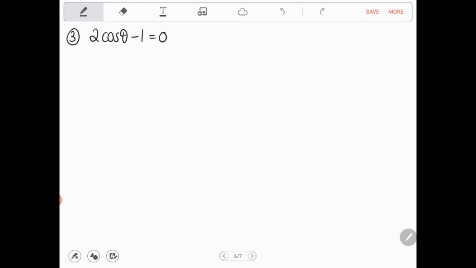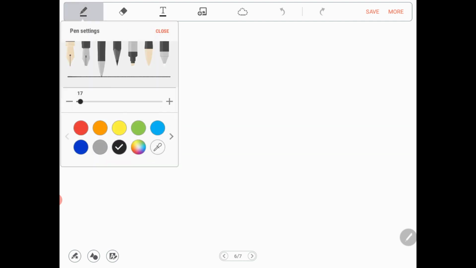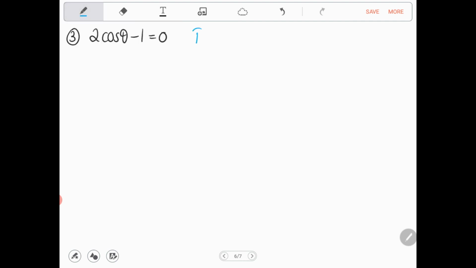All right, let's try one with cos. So isolate. We want to get the cos theta alone, so we're going to start using equation rules. We're going to add 1 to both sides.